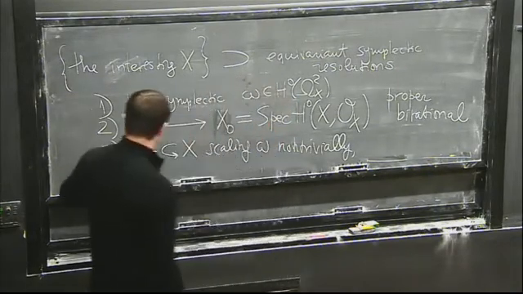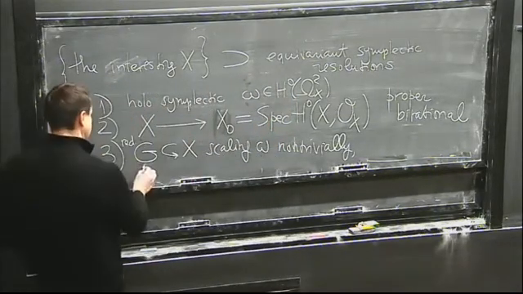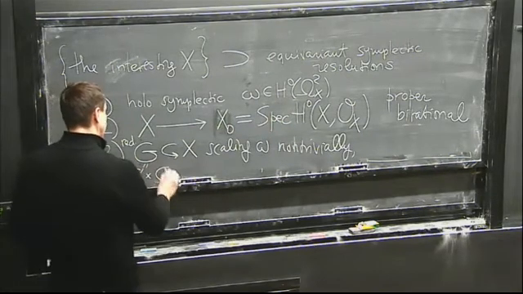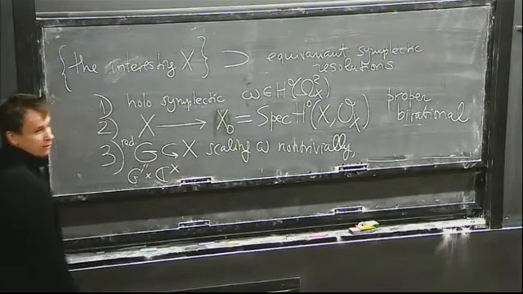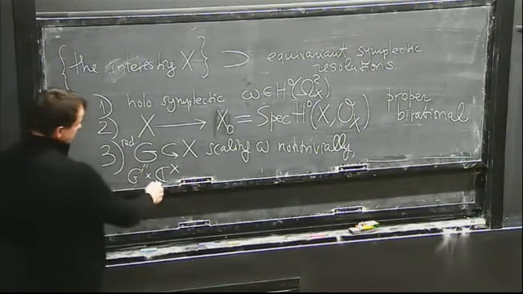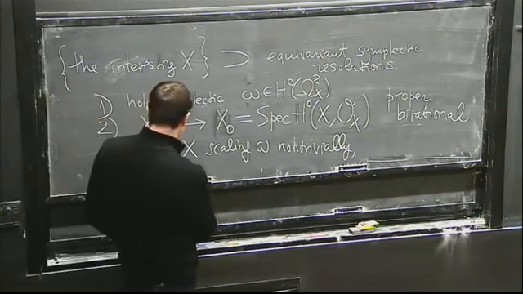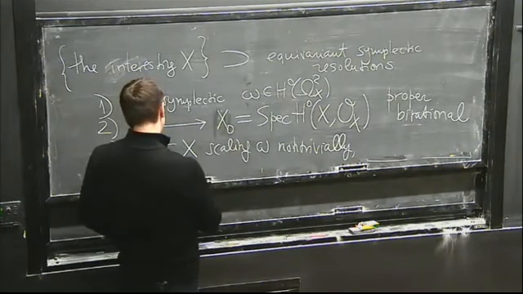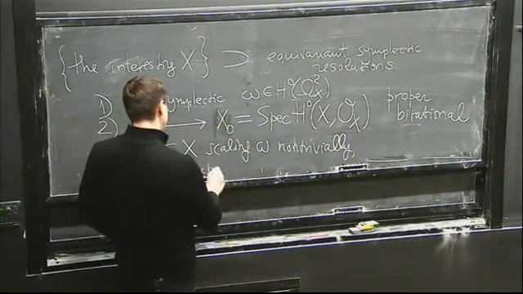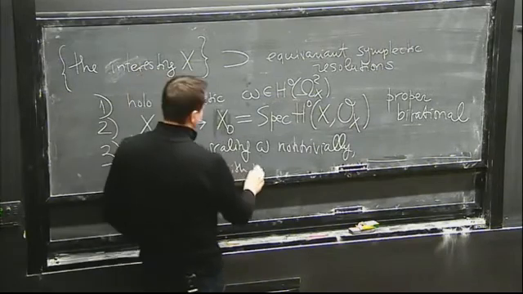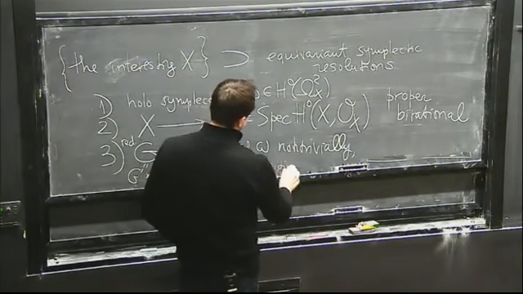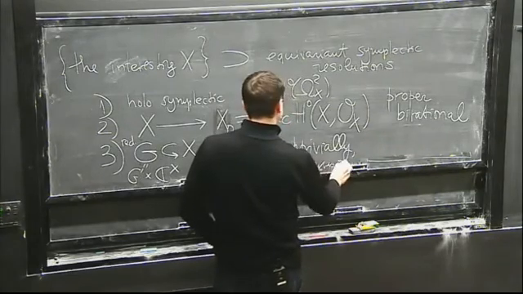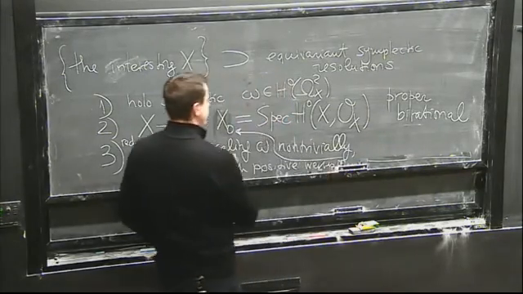A reductive group with a character means it's a product of some other reductive group and the multiplicative group of the field. And usually people assume that this thing contracts, acts with positive weights on my variety here.